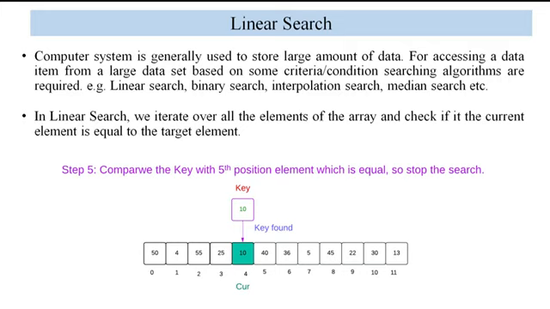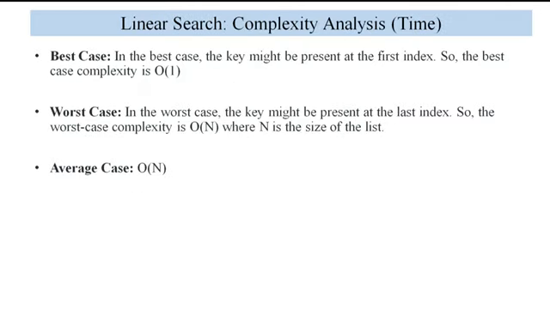Now comes the complexity analysis. I would like to discuss the time complexity here. As we know, in time complexity we discuss three types of complexity: the best case time complexity of the algorithm, the worst case, and the average case.